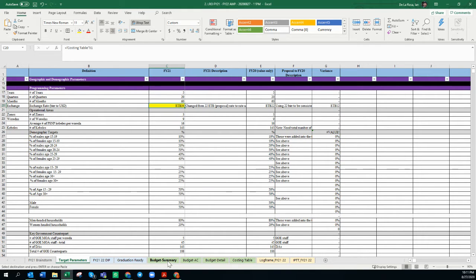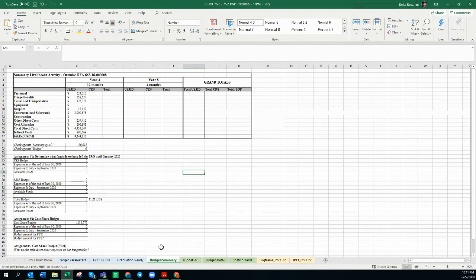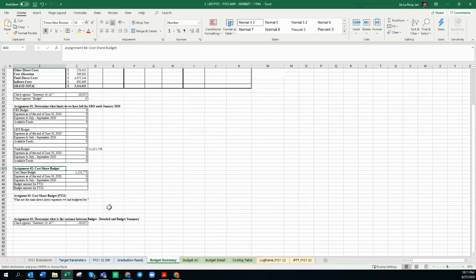So what I would like you to do is I've included something here right now called budget summary. I've kind of given you right now about 4 tasks to do, in this sequence. So first of all, we need to know how much money do we have left.